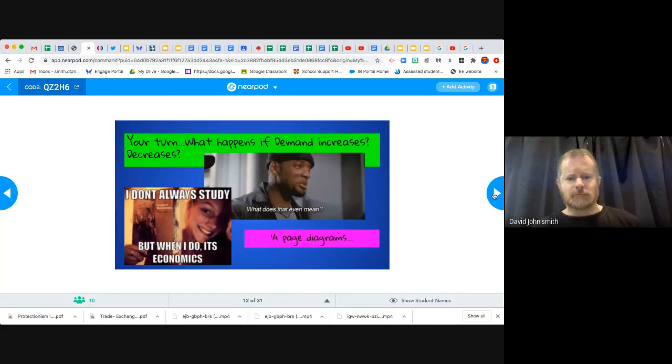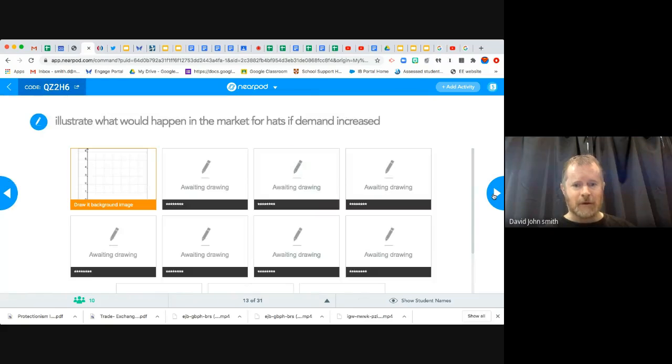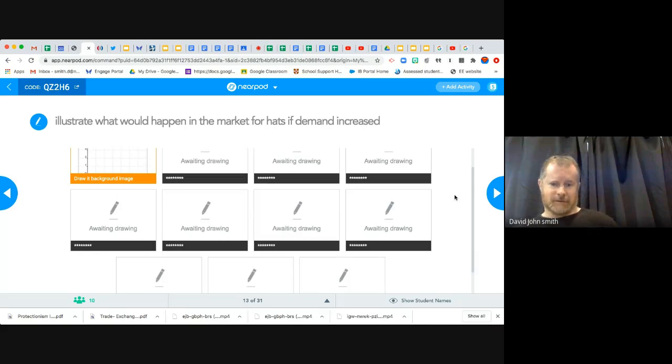Now, in our market, and this is a big one, this is the next big application of this model. What happens if demand increases? What happens if demand decreases? So what I'm going to want you to do, you ready? Here it comes, is to have a go at it. In this case, we're going to have the market for hats.